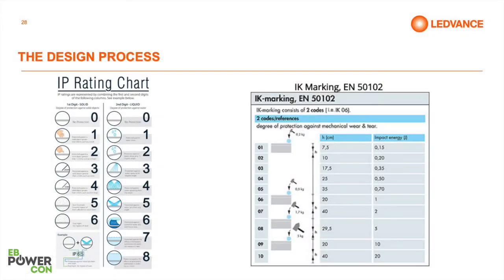Another aspect that you have to look at sometimes is the IP rating. So for example, food industry, farming, dirty environments, some of these types of facilities will need an IP rated fixture. Just to explain, an IP rated fixture, the first number, as you can see in the chart on the left, will tell you the amount of particulates that will go into a fixture.